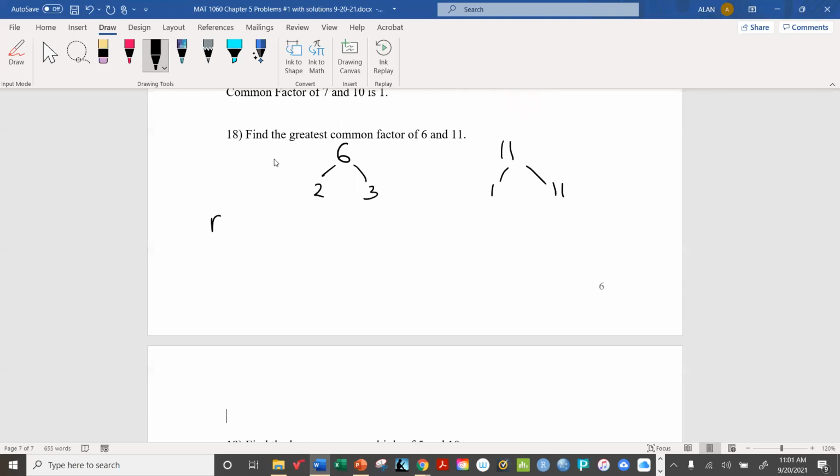So the prime factors are 2 and 3, so therefore the greatest common factor equals 1, because they have no prime factors of any kind in common. And it happens, you know, not all numbers have common factors. It doesn't always work out that way.